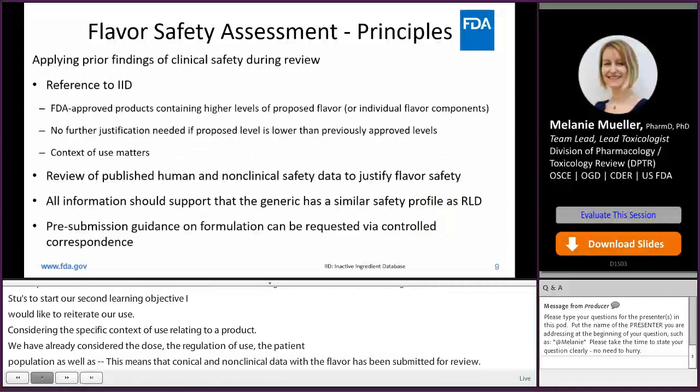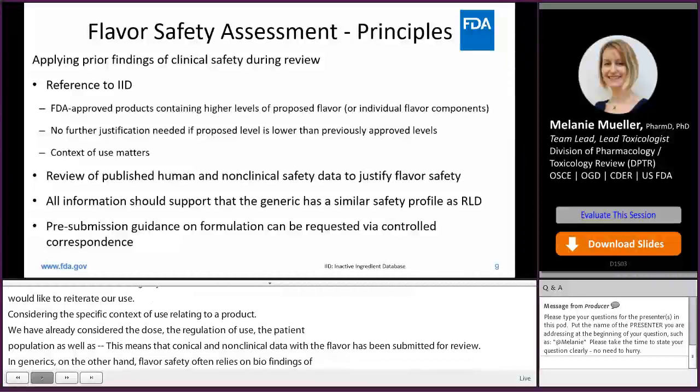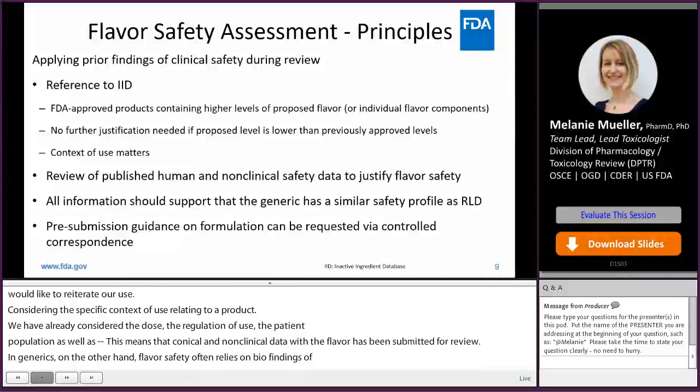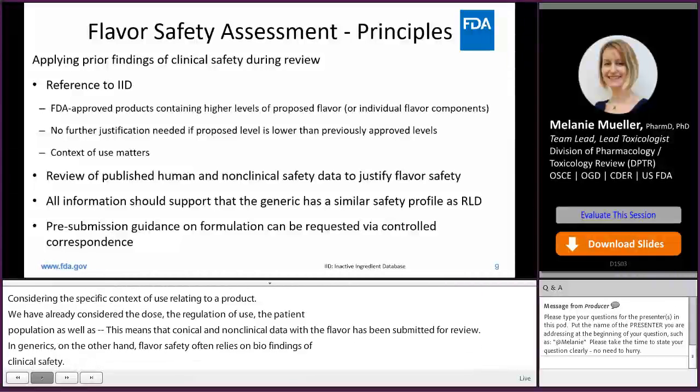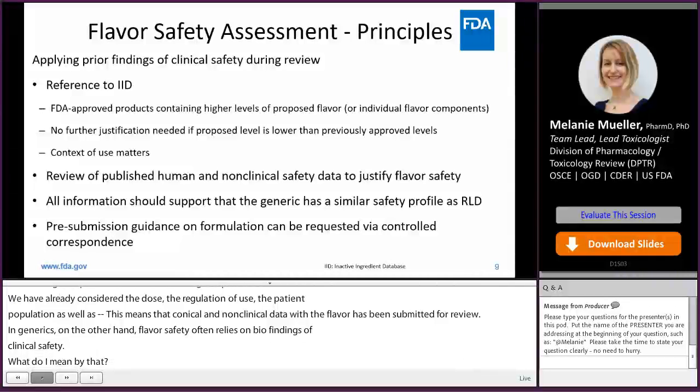Okay, but what do I mean by that? Applying prior findings of clinical safety during our review. Well, for one, we look to the IID, the Inactive Ingredient Database. If we can identify FDA-approved products that contain higher levels of the proposed flavor or the individual flavor components, then no further justification is needed and the flavor is qualified for safety.